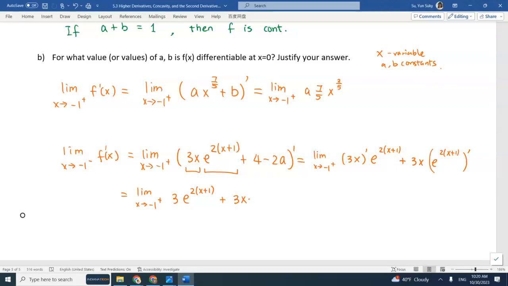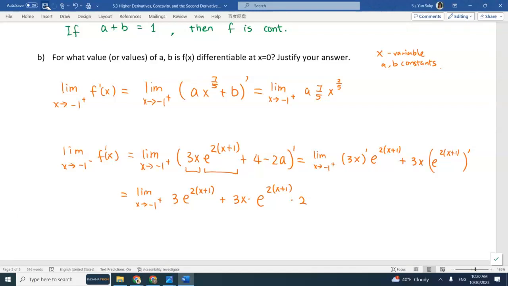This is the chain rule, right, everybody? So this is like our u. The derivative of e^u is e^u times u'. So your u is 2x + 1, and your u' is 2. Is that okay, everybody? So e^(2x+1) times u', and the u' is 2. Good. We get the derivative.